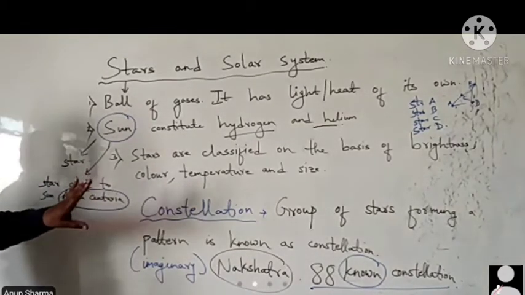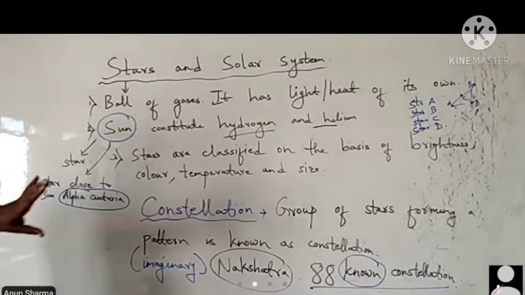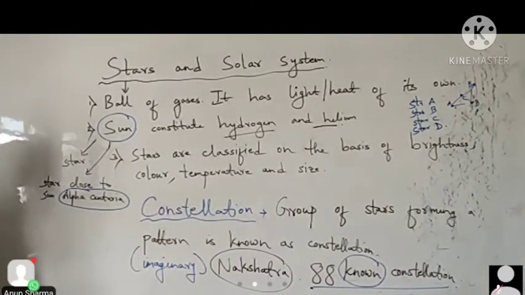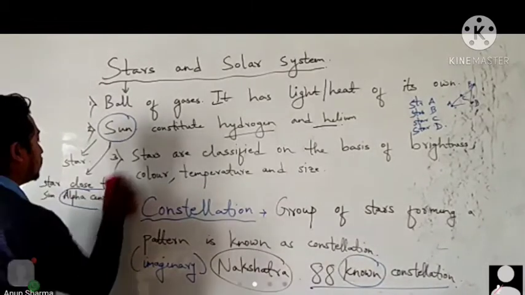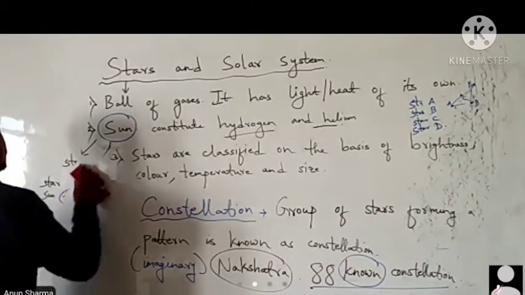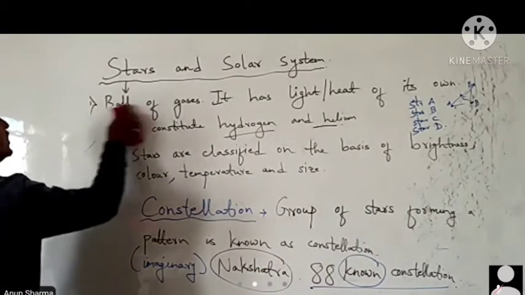In constellations we have to learn a few points. For example, all the stars in a constellation stay together. Let me write the points so that we can understand clearly.